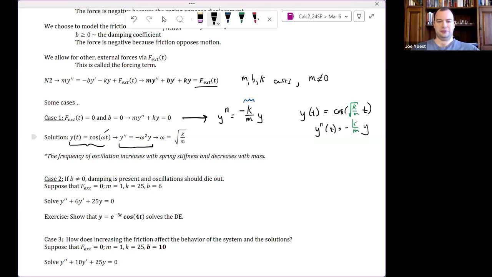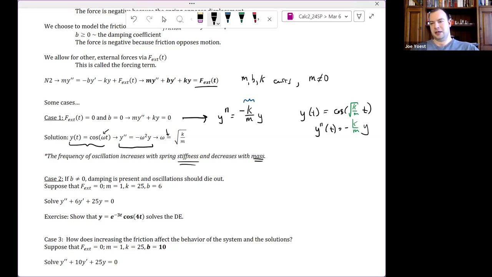I put in a degree of freedom omega, and I choose omega to be root k over m, and this gives me a solution. I note that the frequency increases, my mass goes back and forth faster, if I have a stiffer spring. And I note that it decreases with mass. So I have a heavier mass, it's going to move more slowly.